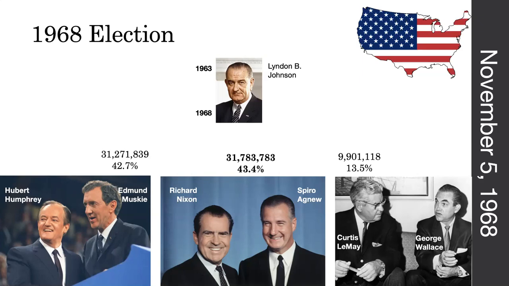But Nixon thought that he could make a coalition between the religious right on social issues, the capitalist free market right on economic issues, and the anti-communist right on foreign policy issues.